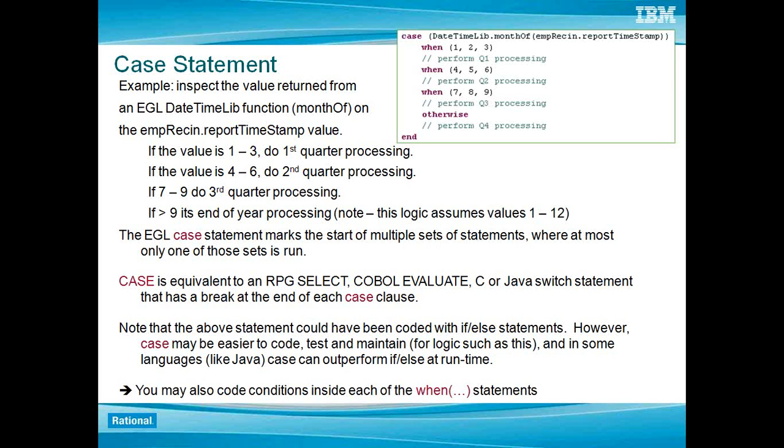If the month is from the second, third, or fourth quarter, then we will execute the corresponding block. If something is not within our possible values, then we can use otherwise. If the values are not meeting any of our choices, then it will execute in the final or remaining case.